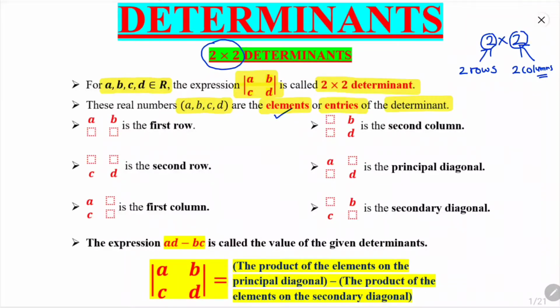Now here this is first row, this is second row, this is first column, this is second column. Yes, this is principal diagonal and this is secondary diagonal, right?